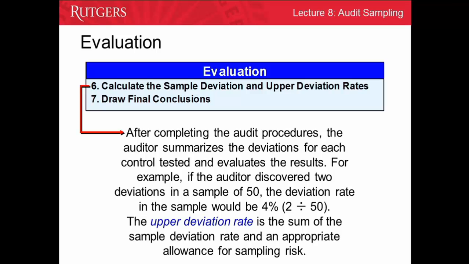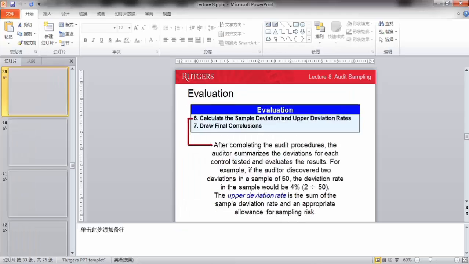In evaluating the results of testing a control, the auditor is normally concerned only with whether the true deviation rate exceeds the tolerable deviation rate. Therefore, the auditor is generally concerned only with how high the population deviation rate might be. It doesn't matter how low the population deviation rate might be. And we can also calculate the upper deviation rate with ACL.